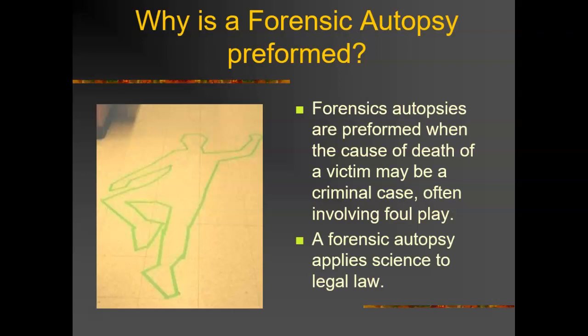So if a body was found and they didn't know who killed this person or how this person was killed, they would perform an autopsy. Even if they knew who killed the person and how, a lot of times they will still perform an autopsy to help gather evidence. It helps to build up that base of evidence that can be taken to court to hopefully obtain a conviction.